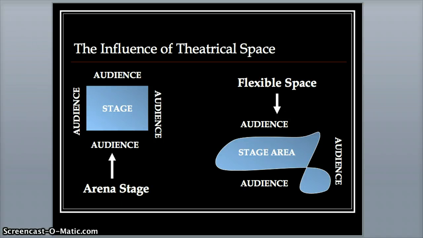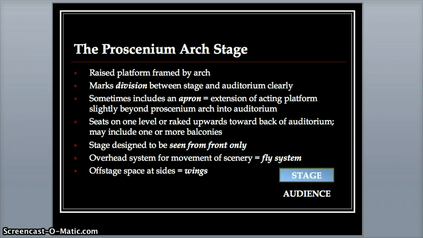Think of a sports arena, basketball, whatever, where the audience surrounds the entire performance area on all 4 sides. And then finally, a flexible space, or what I like to call a black box, allows for all sorts of different audience-actor relationships. So, more specifically, the proscenium arch stage.